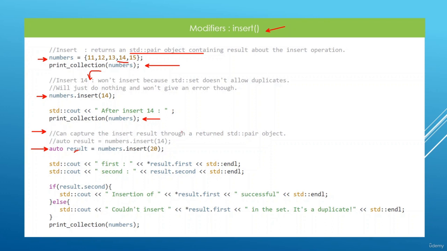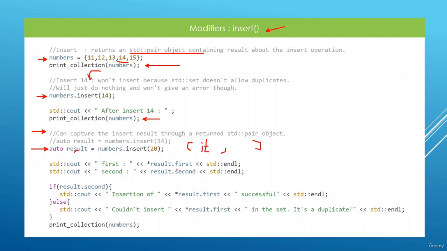Now, this is going to be an std::pair object which contains an iterator to what we just added in the first position. So this is an iterator we can use to get the data that we just added in. And the second position is going to contain a true or false value, meaning that the insertion was either successful or it was a failure.